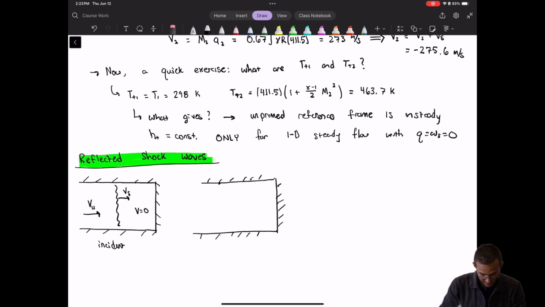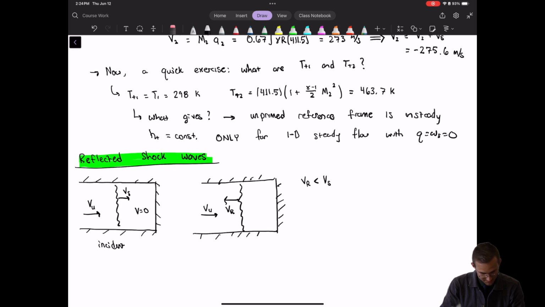So now the shock has reflected, and it's going in this direction at this velocity VR, and now you have this VU flow that it's encountering on its way back. Okay, and strictly speaking, we know that V reflected is going to be less than V shock.